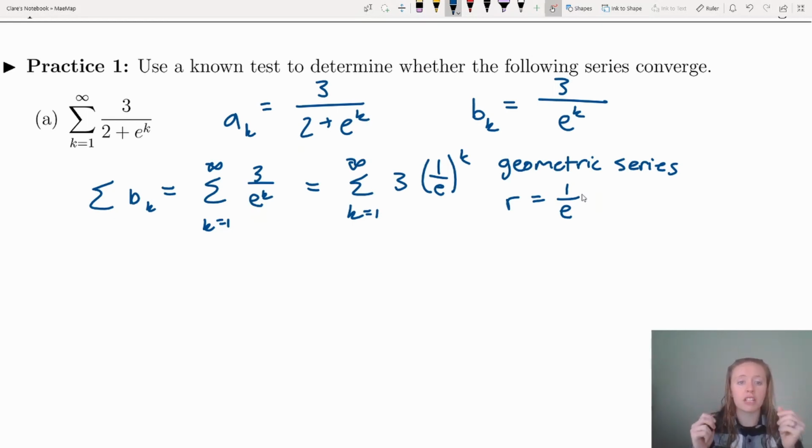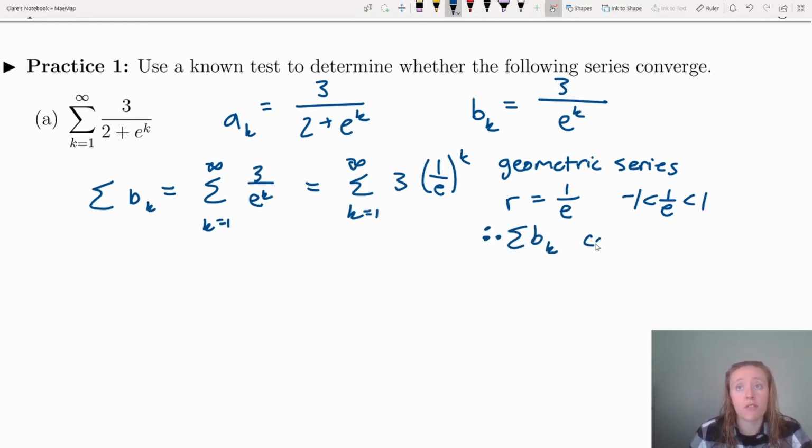So, because 1 over e, which is 1 over 2 point something, is a fraction that falls between -1 and 1, therefore, because -1 is less than 1 over e, which is less than 1, I know that my b sub k is going to converge. So if I know that b sub k converges, I need to show what? Well, if b sub k converges, I want to show that a sub k is smaller than b sub k.